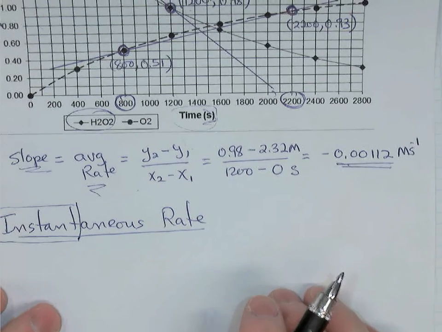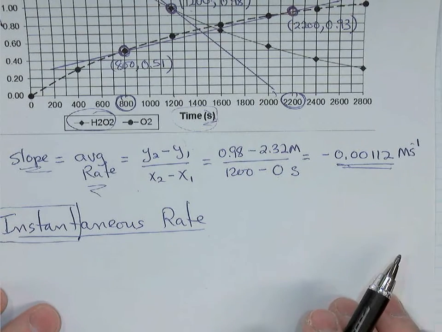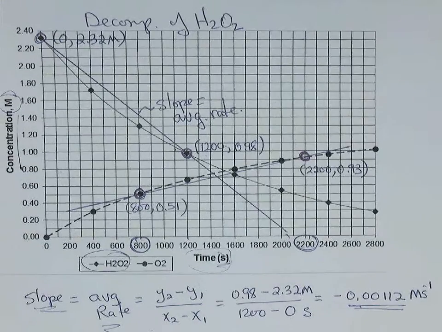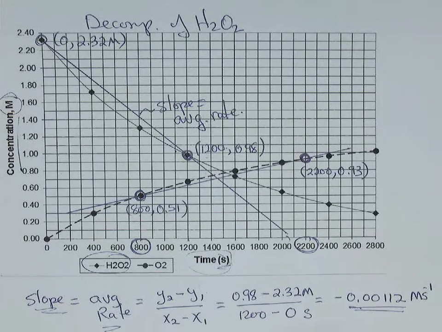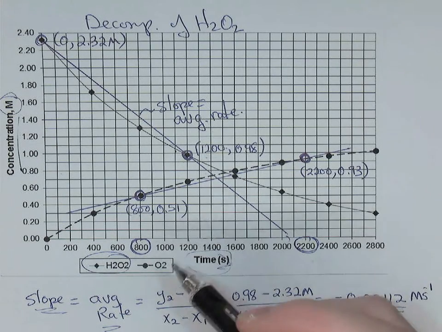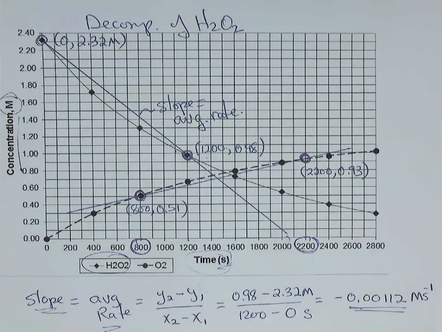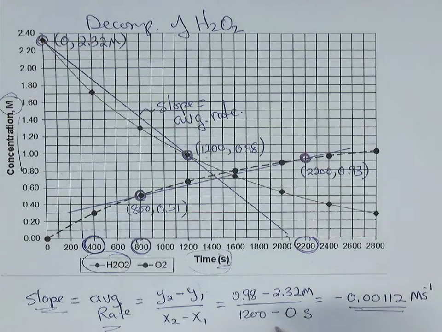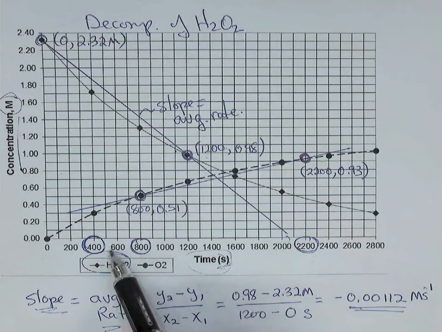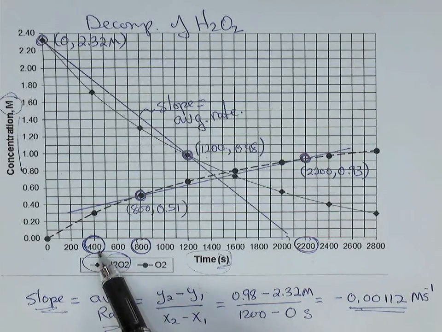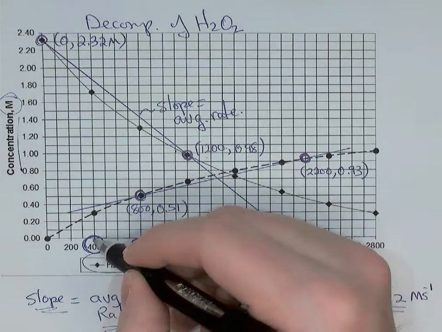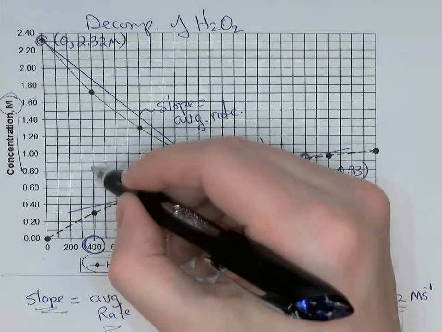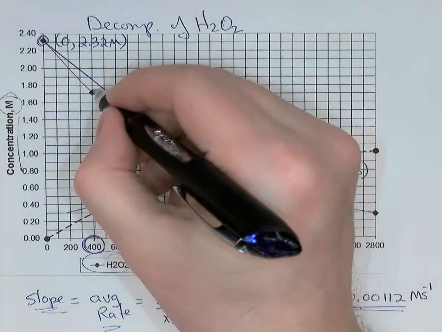For example, if we look back up here at the graph, and I hope it's not getting too cluttered, what if we wanted to know what the instantaneous rate of reaction was at 400 seconds? So for example, what was the rate of change of the hydrogen peroxide at exactly 400 seconds? So we go to 400 seconds and we go up to the hydrogen peroxide curve, and we notice we're talking about this point right here.